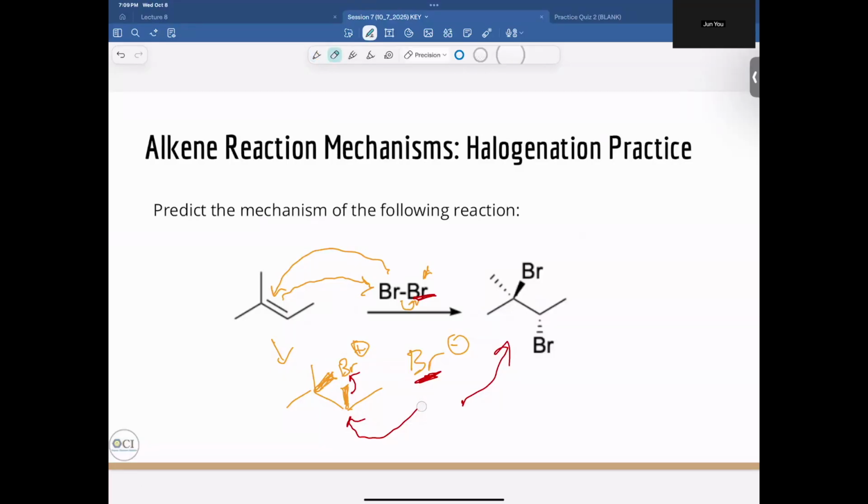I believe I made a mistake on this one. So with that second ion, you want it to attack the more substituted side. So it attacks there, and this would actually form this.